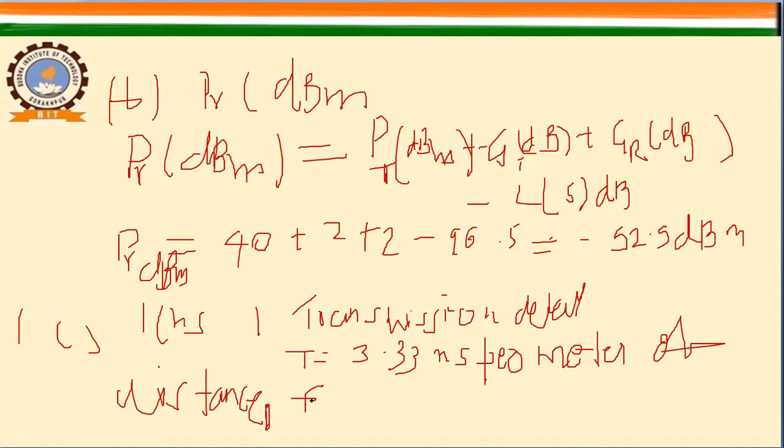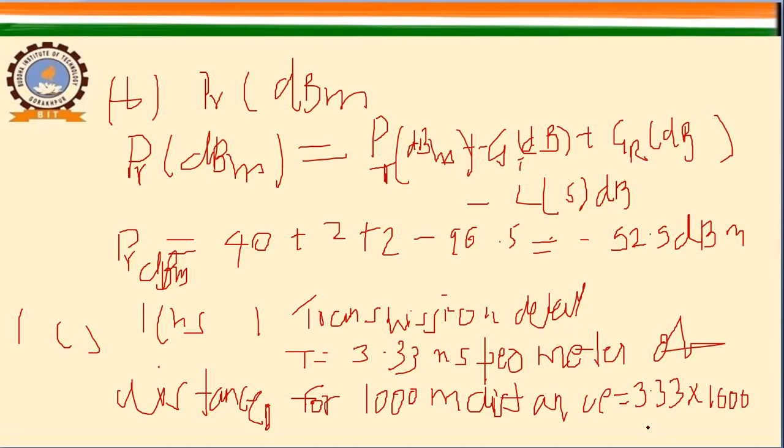For 1 kilometer, which means 1000 meters of distance, this is multiplied: 3.33 into 1000 meter. It comes to 5.33 nano, sorry, not in nano, 10 to the power minus 6, coming in microsecond.